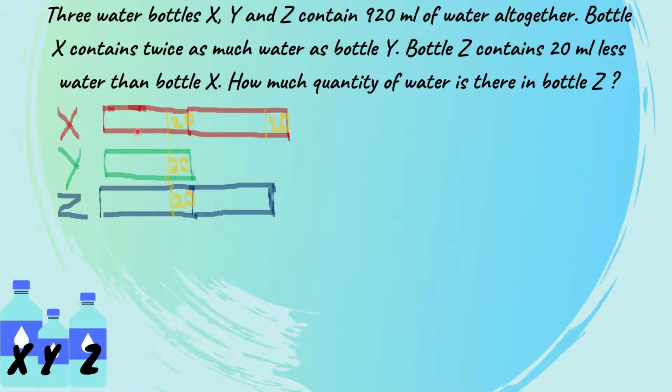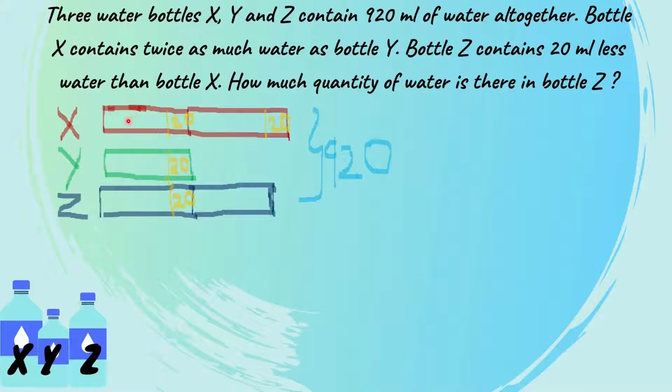So now we have represented this. We know that all the units are equal, and moreover we have a clue which says X, Y, Z contain 920 ml of water altogether. So how are we going to solve this?